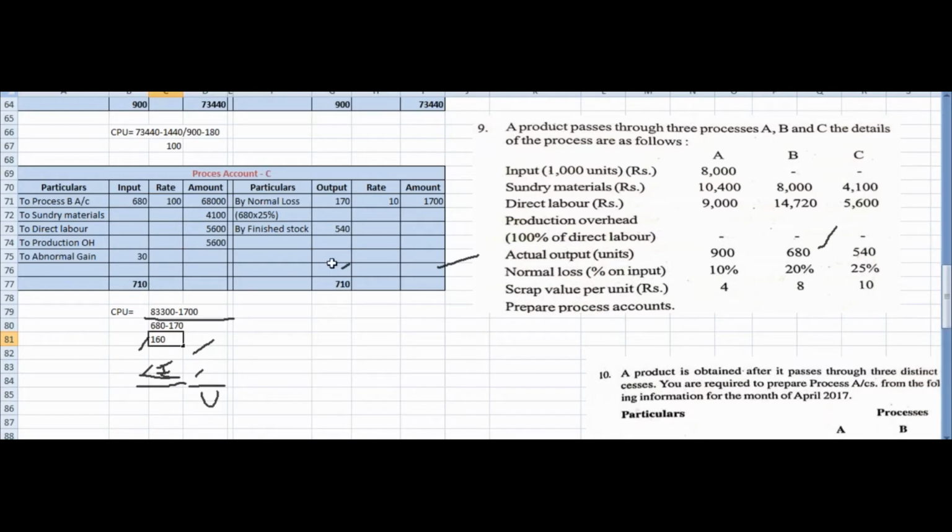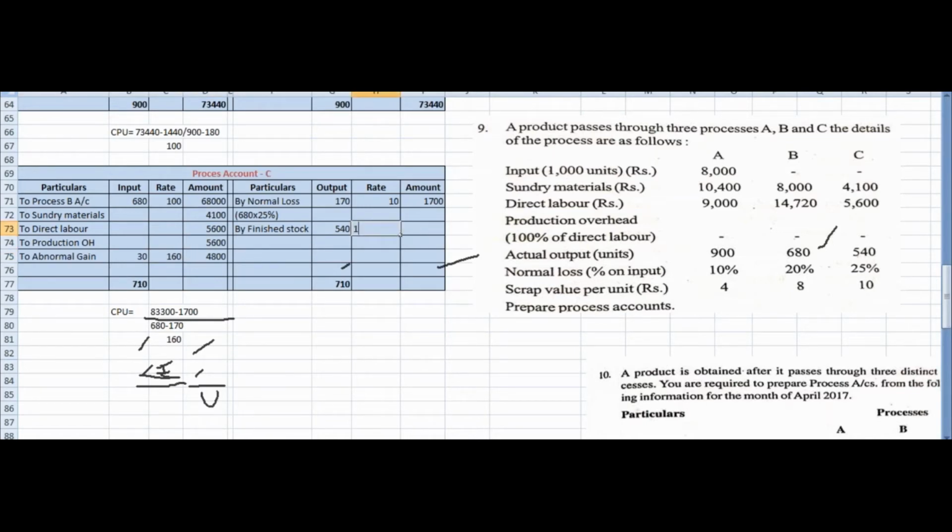So now listen. This rate comes to a round figure, not a fraction. Is it clear? If the value is a round figure, you write 160 here and 160 here, multiply, and this column total, as I said, will tally. I will show you. 160 into 30 is 4,800.